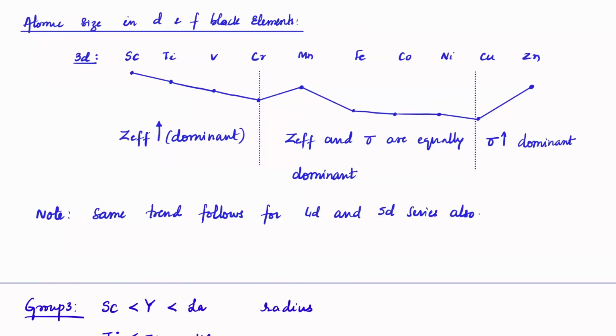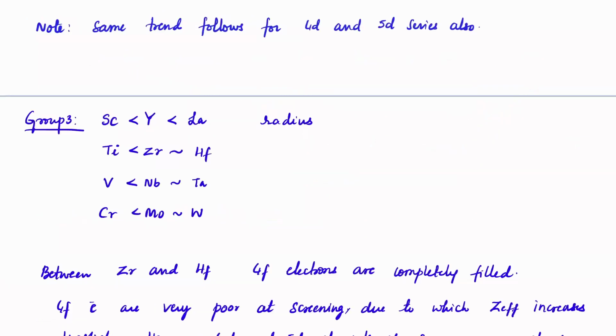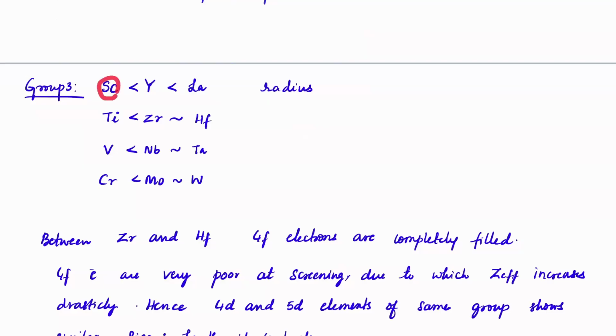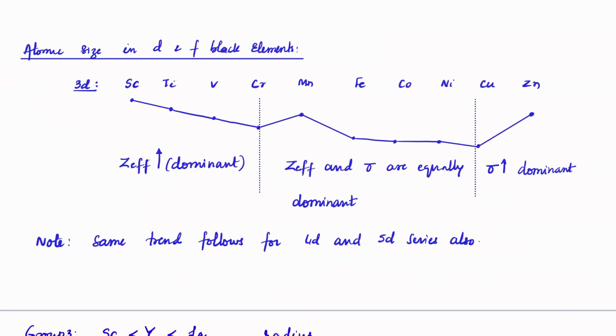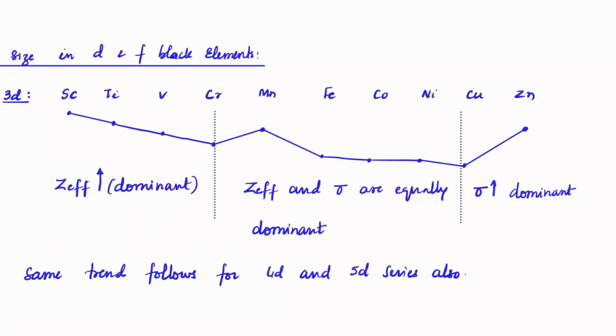Okay. Next, if it comes to beta, why is it different for manganese? Manganese would start losing its metallic nature because of its D5 configuration. D5 configuration is a very stable configuration, and D10 configuration is also very stable. Correct?